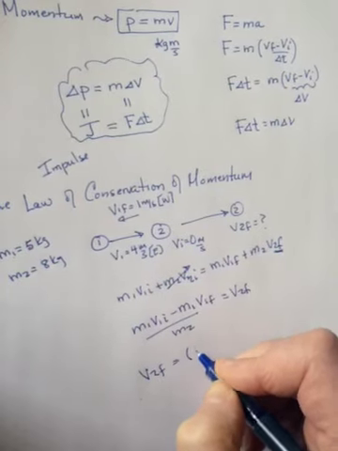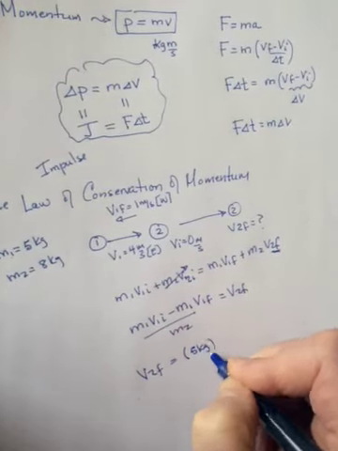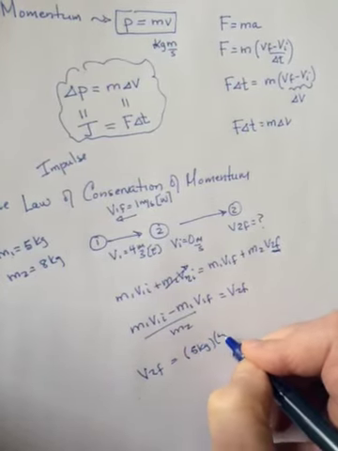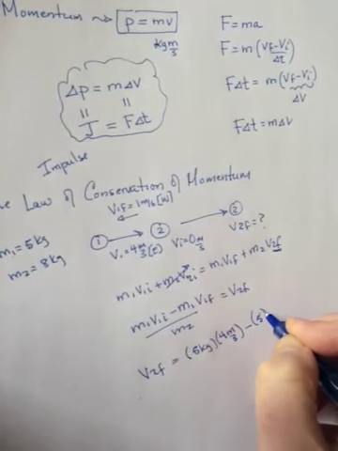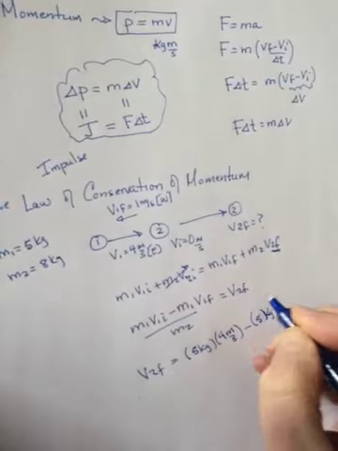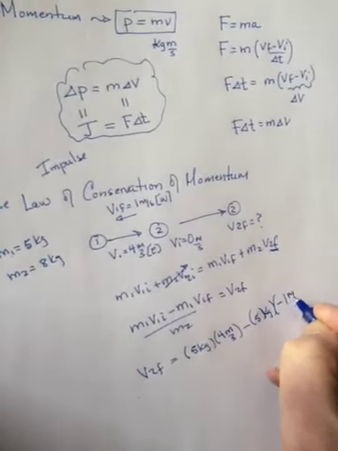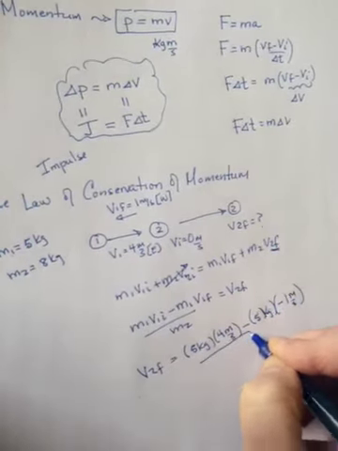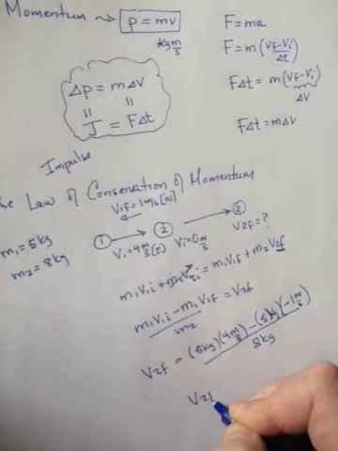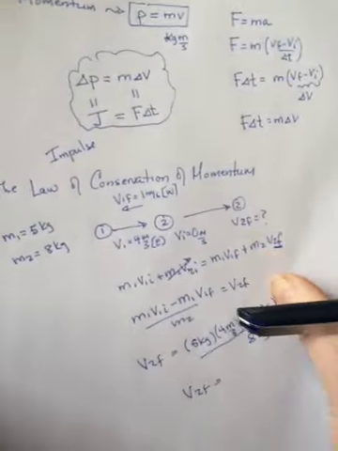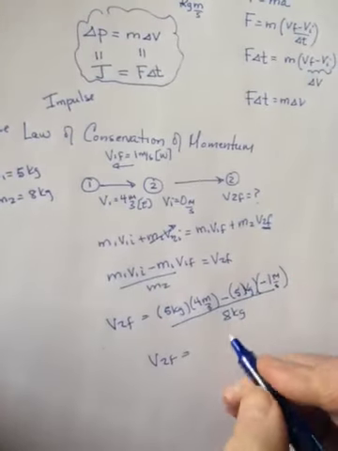So m1 was 5 kilograms, and it was going initially east, so we can call east positive, minus 5 kilograms. And now it rebounds west, so we would call west negative. And then we're going to divide it by 8 kilograms. And so you get a v2 final. First term is 20, second term is 5. They're added together.